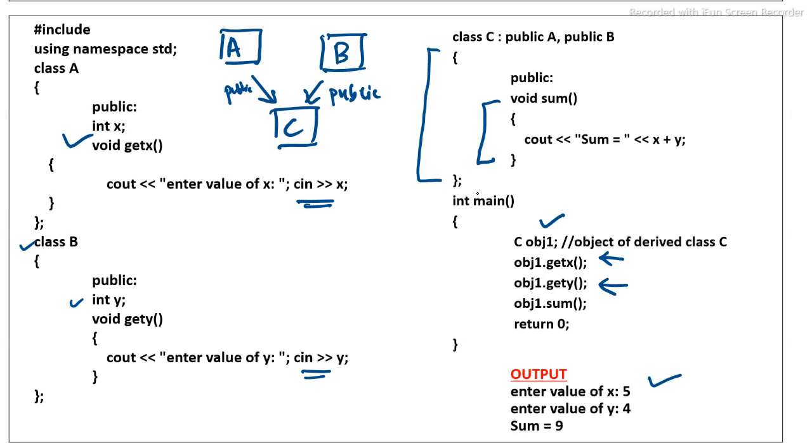You enter the value of y, let's say 4, and when the obj1 dot sum function is invoked, the public member function sum is called, it accesses the values of x and y, and displays the sum as 9. So this is the output after executing the program.